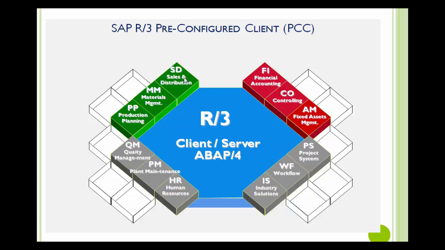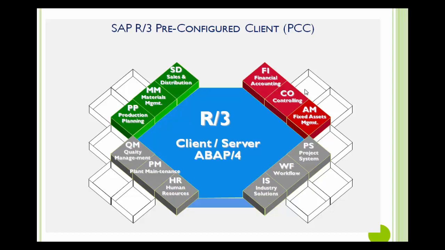Based on their business modules, they can go for the R3 product or any other product within SAP, right? When you install the R3 product, you'll get a pre-configured client: SD, sales and distribution, PP, quality management, plant maintenance, HR, FICO, controlling, asset management, project system, workflow, industry solutions or retailing.